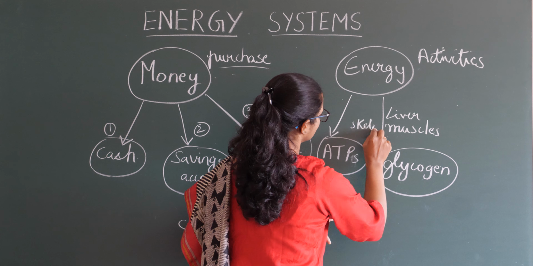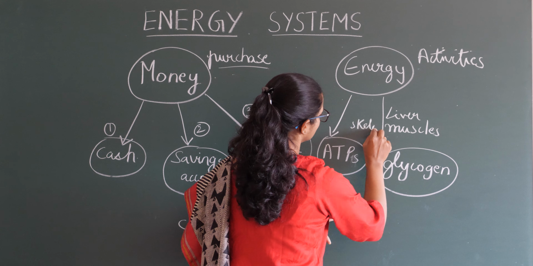Soon this glycogen which is there in my muscles is going to be broken down and used as energy in the form of ATPs. Just like the savings account was converted to cash and used, the glycogen stores in my muscles, in my liver, are broken down and become ATPs, and then my body uses it.